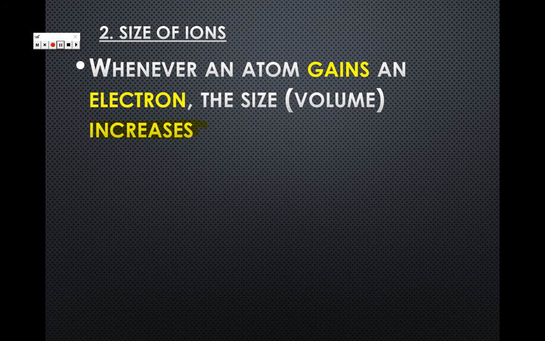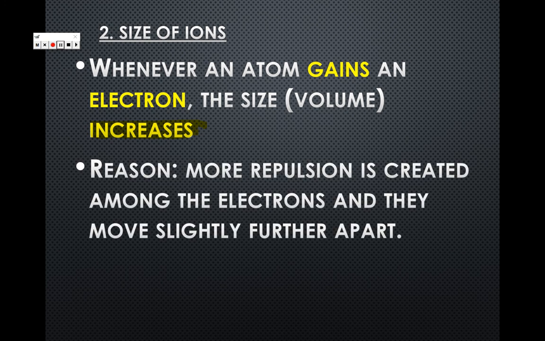So yes, you can think of it like gaining weight, you get bigger. You gain something, you get bigger. But the atomic reason is when you get more electrons, now you've got an uneven number, right? When we made an ion, you've got more electrons than protons, and electrons will repel each other. And when they repel each other, it gets bigger. So more repulsion is created, and they move slightly further apart.